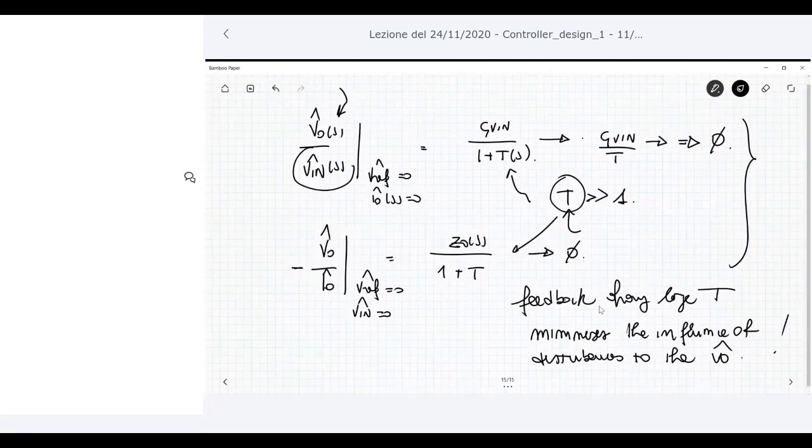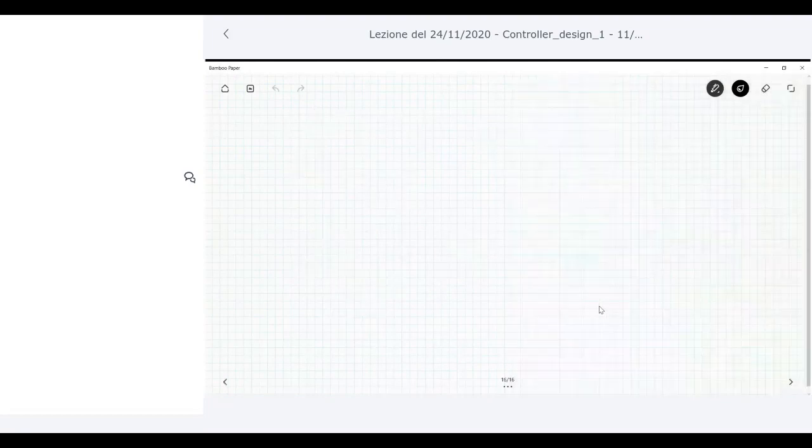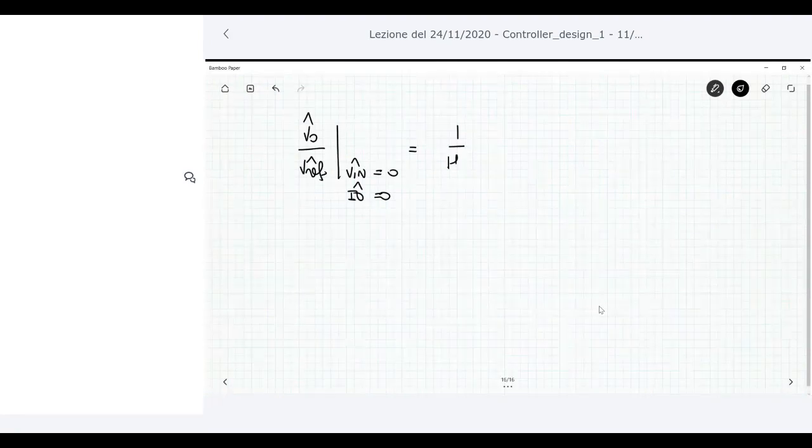Okay, so large T. What is the effect of a large T on my control to output function? The closed loop control to output function is this one, when the variation of the input is null and the variation of the output current is also null.